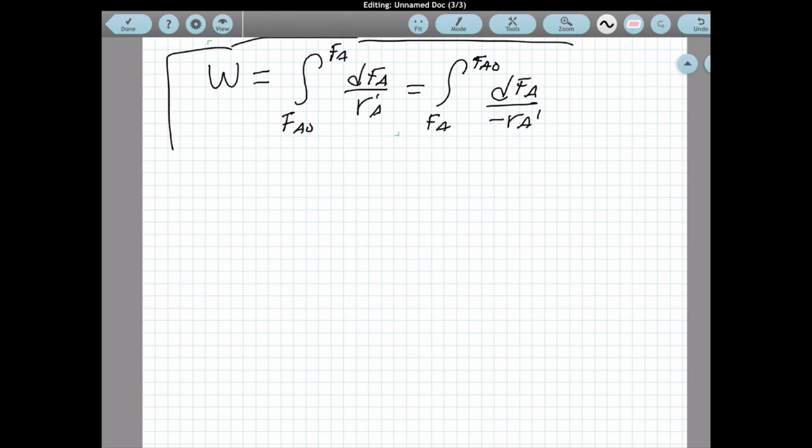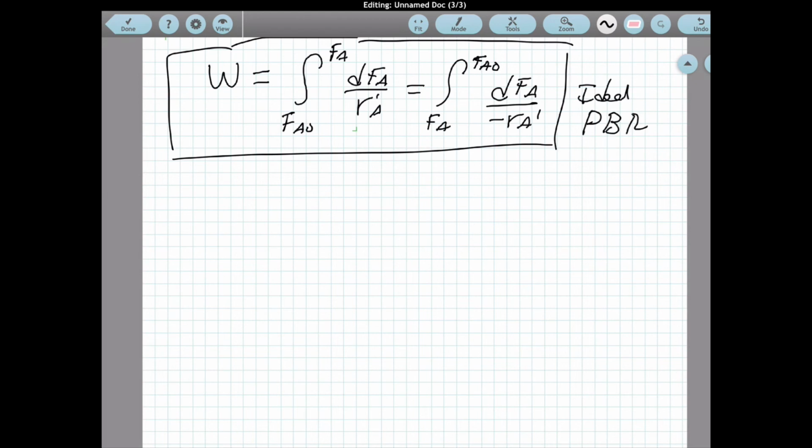So this can be considered to be the mole balance or the design equation in terms of moles for the ideal PBR. Okay, remember the assumptions and the conditions for these reactors are important. An important aspect for the PBR also is that there is no pressure drop and there is no catalyst deactivation.